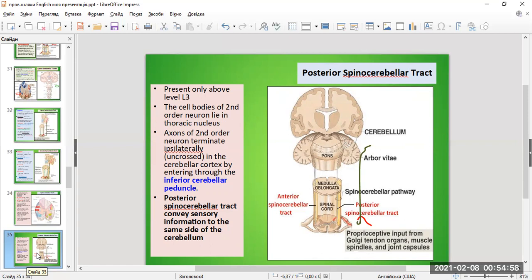Axons of second-order neuron terminate ipsilaterally, uncrossed, in the cerebellar cortex by entering through the inferior cerebellar peduncle. Posterior spinocerebellar tract conveys sensory information to the same side of the cerebellum.